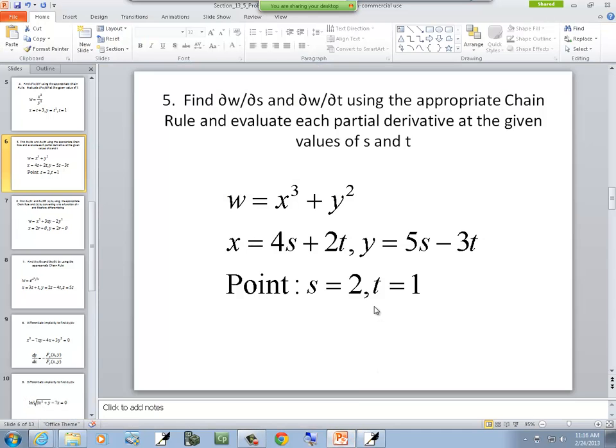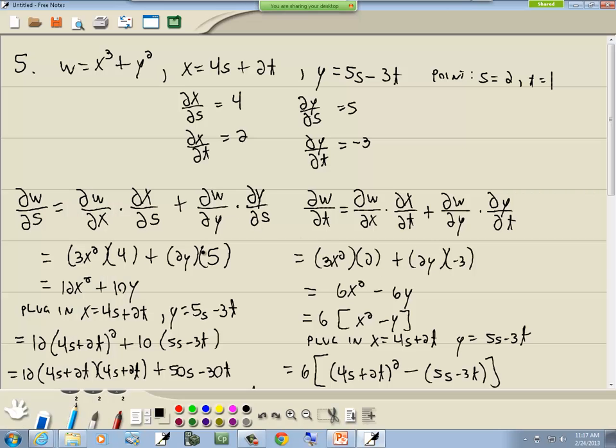Now, notice the instructions here. It says first find a partial of w with respect to s and a partial of w with respect to t, and then evaluate. If all they wanted was just to find a value of the partial at a given point, again, it becomes a lot simpler. Instead of going through all these, right here, you plug in your value for s and t.